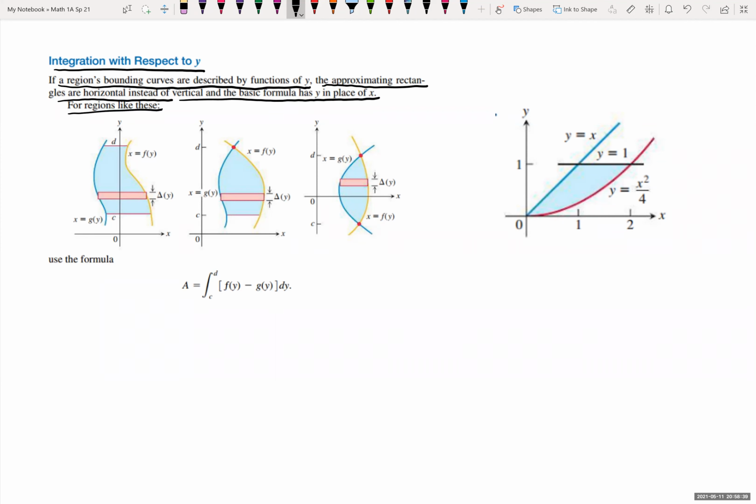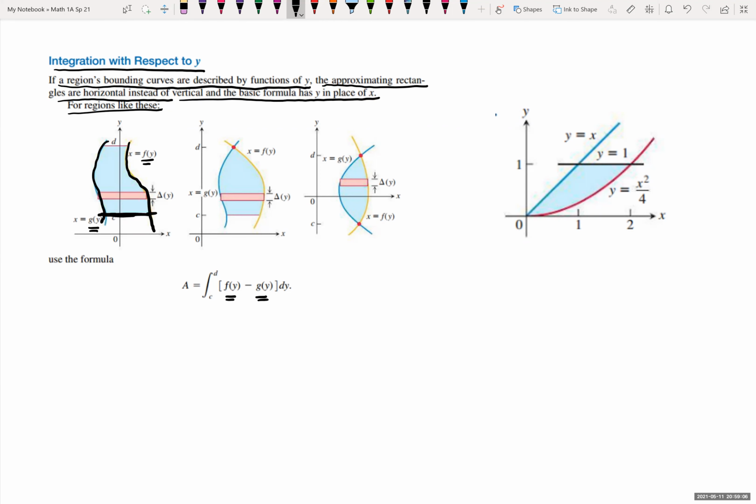And so noticing here that basically the x value that is larger is on top minus the x value that is smaller. And we're going to look at our f of y value minus our g of y value. But instead of using your x values for integration, we're going to use the y value.